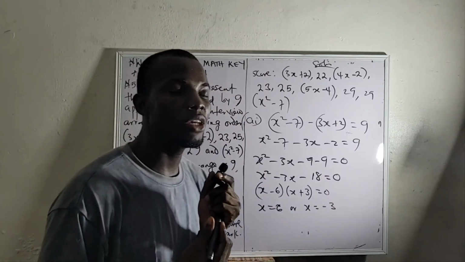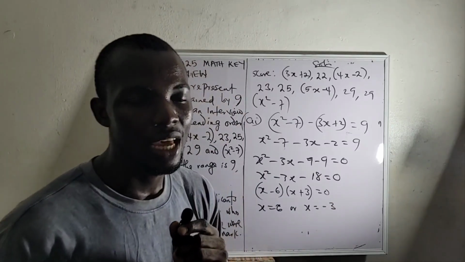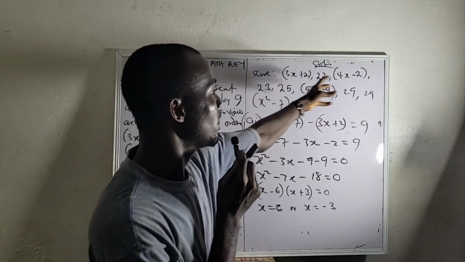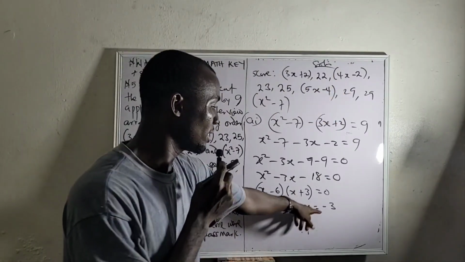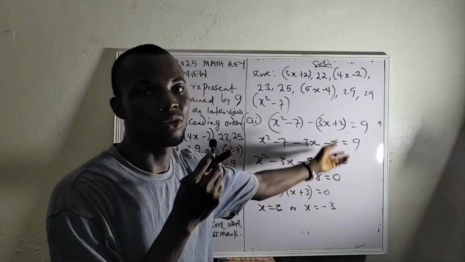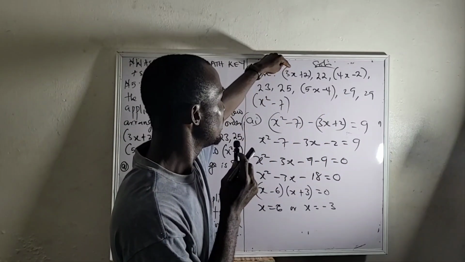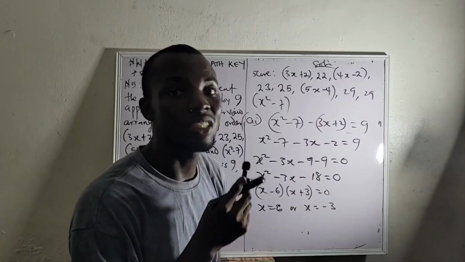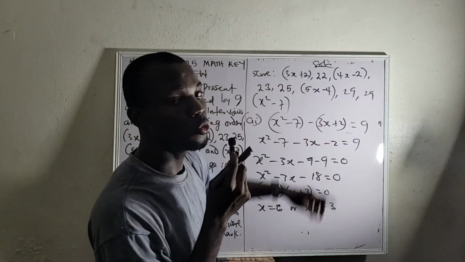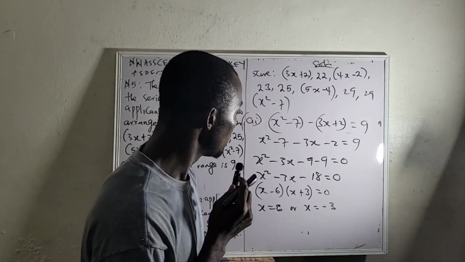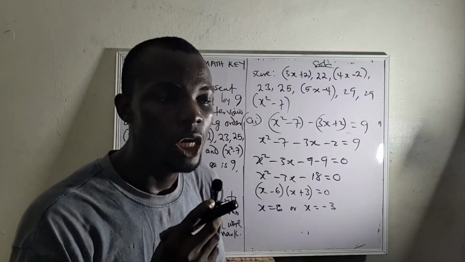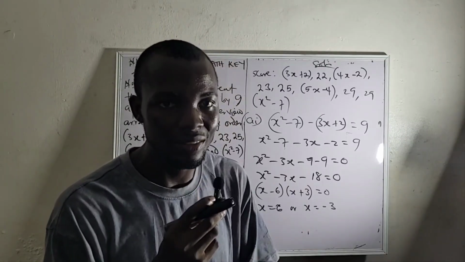Now, to determine which value of x is correct for this information, we need to plug in x when x is minus 3 and check. If x is minus 3 here, this will be 3 times minus 3, that is minus 9. Minus 9 plus 2 will give us negative 7. We can't have a negative as a score.